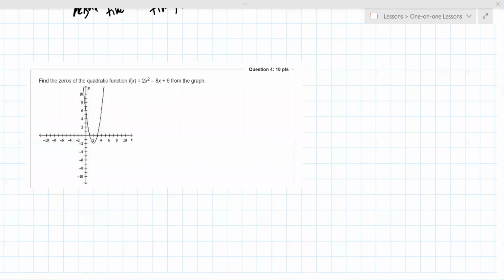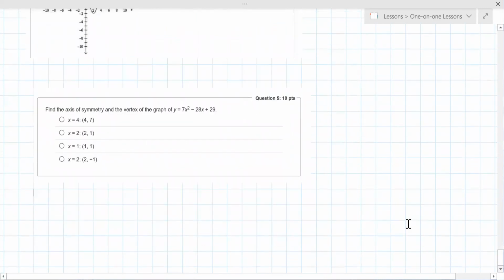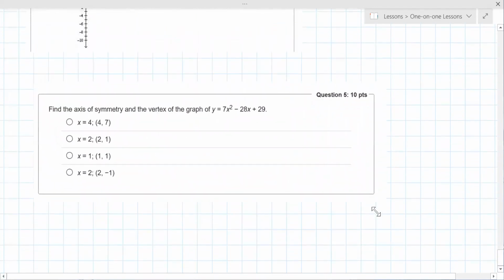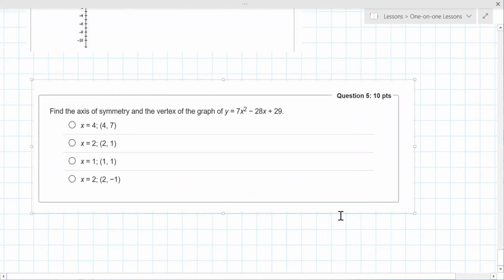So the next one here, it's asking to find the axis of symmetry. And to do that, you're basically finding the x coordinate of the vertex. And the vertex. So go ahead and find both of those things for me here, please.